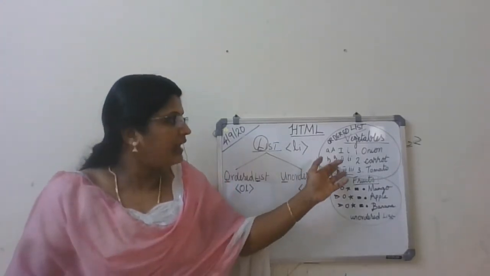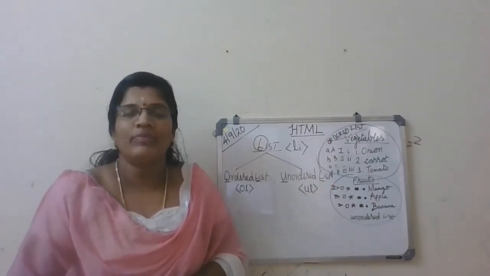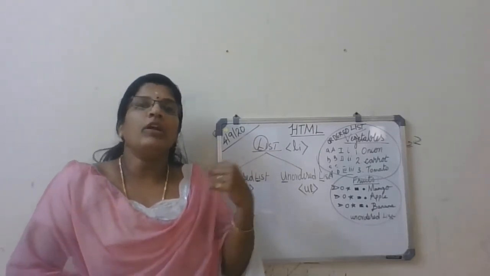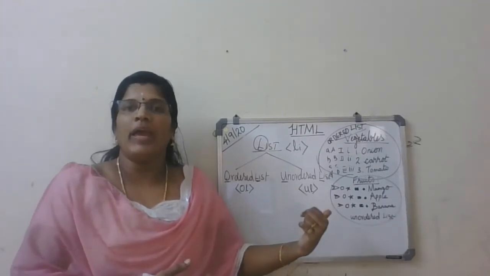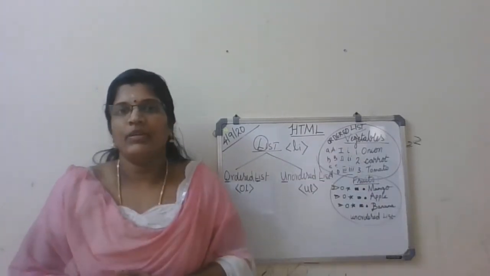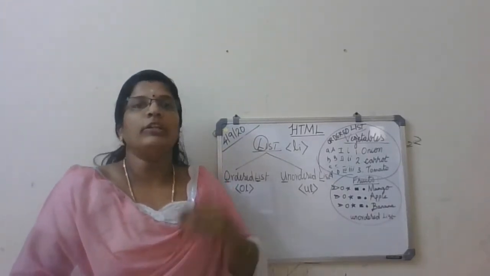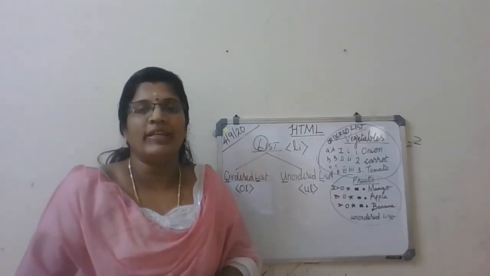Because we have different types of number systems and different types of bullets, right? How to specify the particular one? If you are not specifying anything, if you are writing only OL or UL, you will get 1, 2, 3 and circles. By default, you will get ordered list 1, 2, 3 and bullet circles.